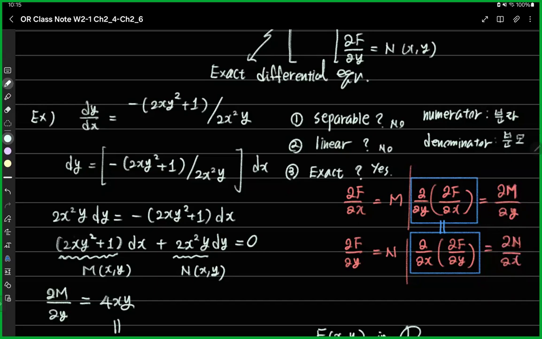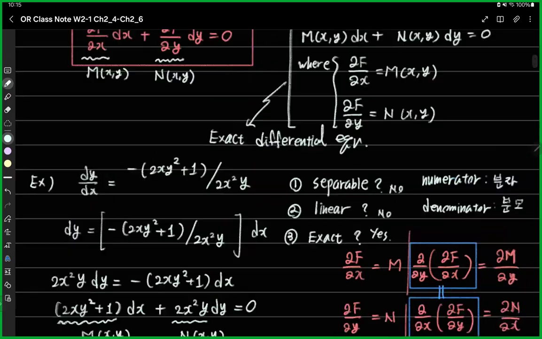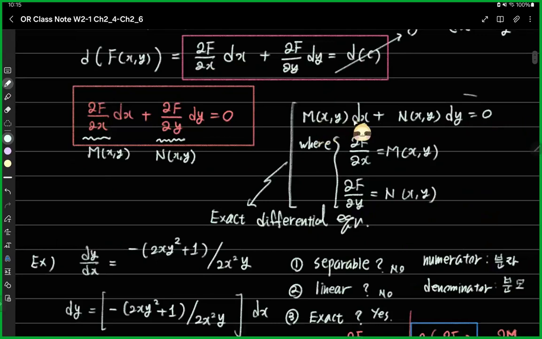So here's the example. Going back to this example, we need to rewrite this one in this form: something dx plus something dy equals 0. So we want to get 0 on the right-hand side, and then rewrite it to get that kind of form.